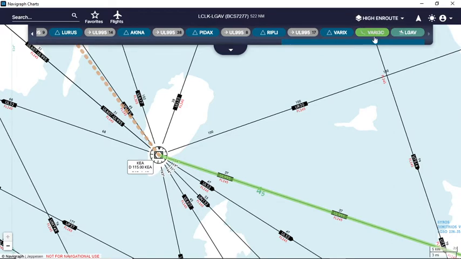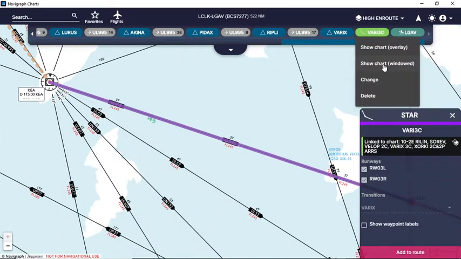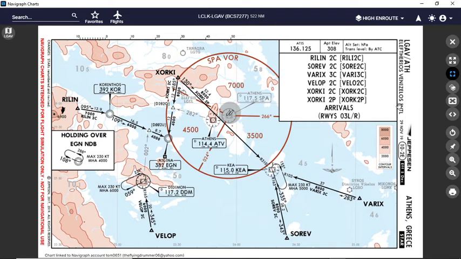So if we were to get the chart for the arrival, this one would be the Varix 3 Charlie. So if we need to be at the Care VOR at a certain altitude, for example 8,000 feet, here it states 8,000 feet, we need to know that this is the point where we need to be at 3,000 feet, okay?